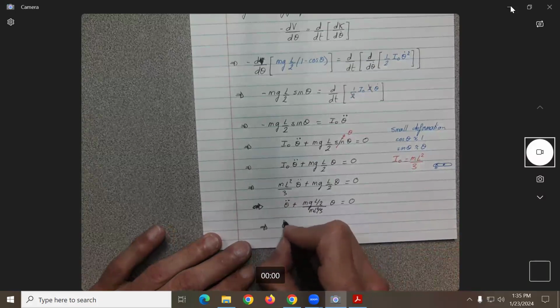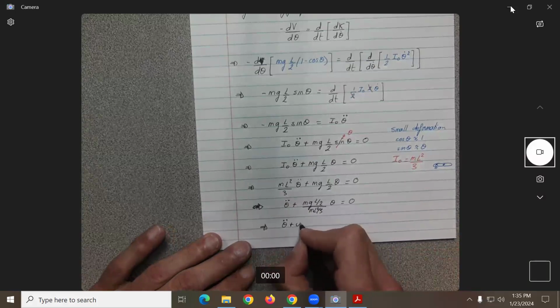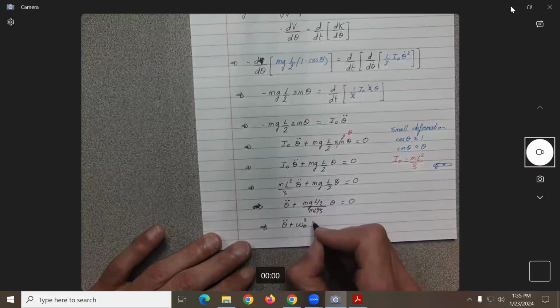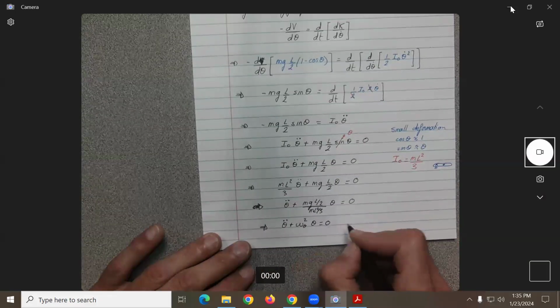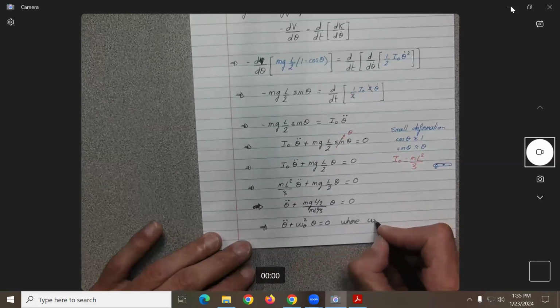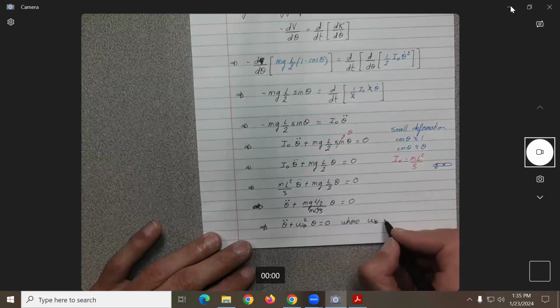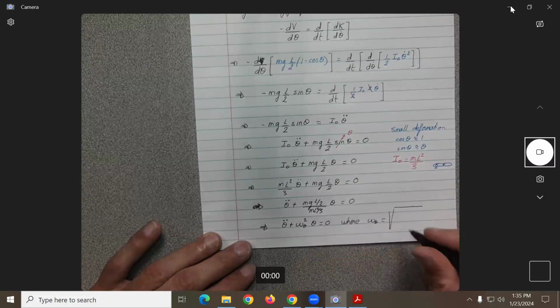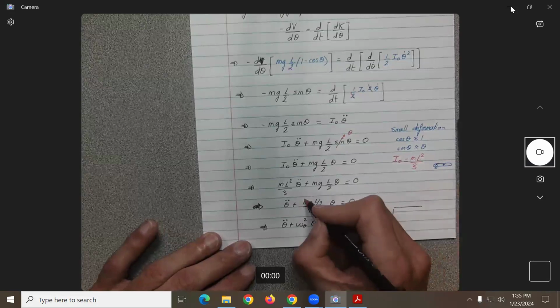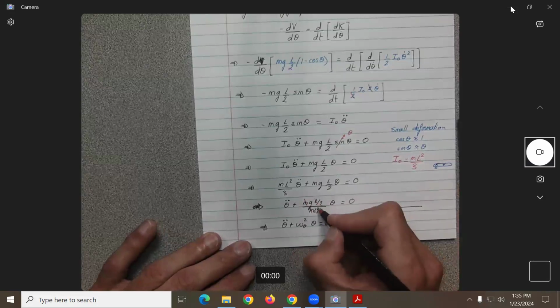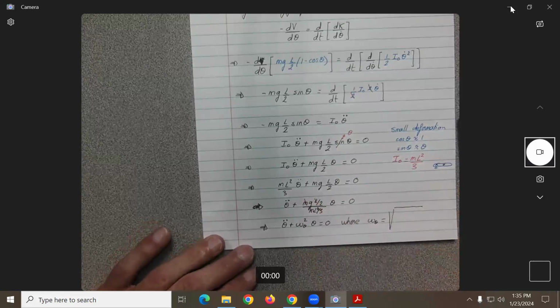This will be equal to theta double dot plus omega theta squared theta equal to 0, where omega theta equals the square root of what? So the m's cancel out, this L cancels out with this one.